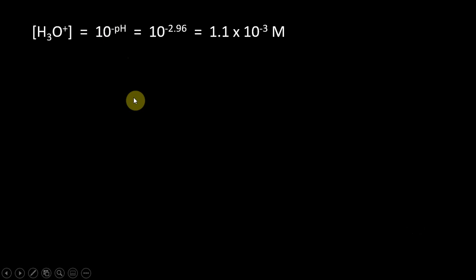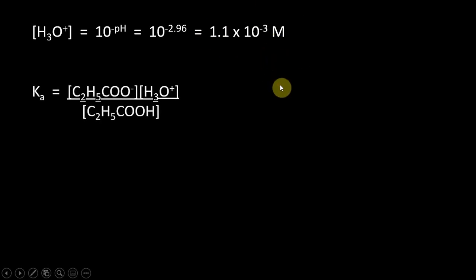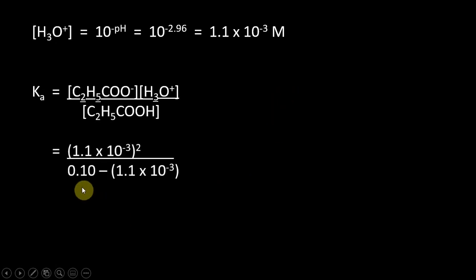All right, so for hydronium ion, the 10 to the minus pH is going to give us 10 to the negative 2.96. And so that value is going to be 1.1 times 10 to the minus 3 molar. We put that into our Ka expression, we get this.